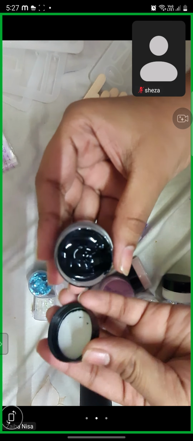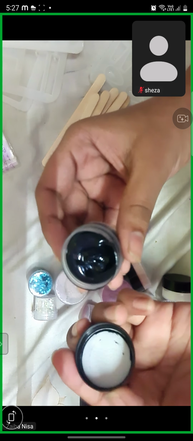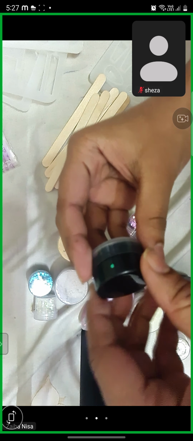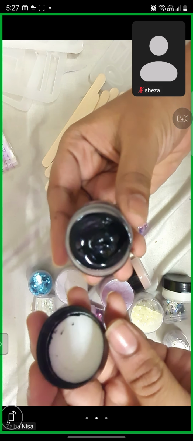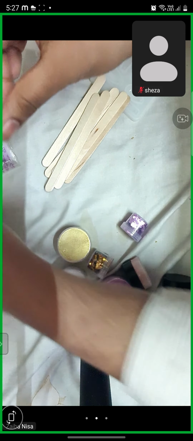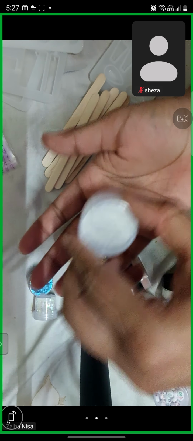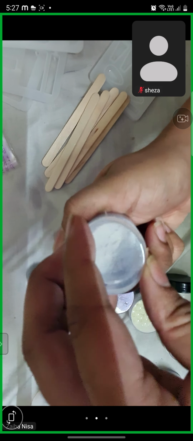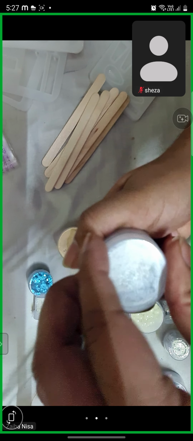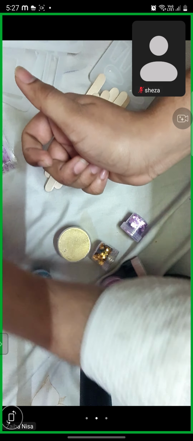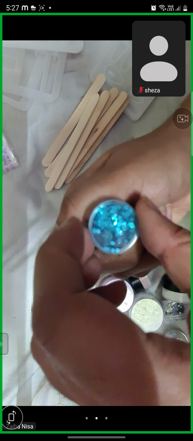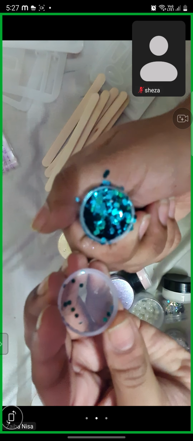These are perfect examples of mica powder. Sorry, these are in liquid form, opaque pigments. Mica powder. These are the glitters. It is in a hexagon shape.